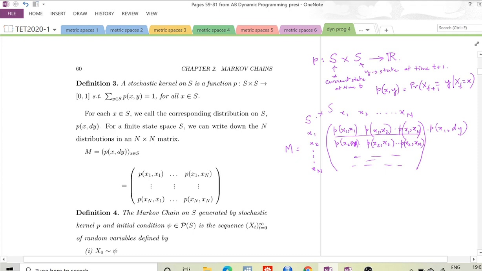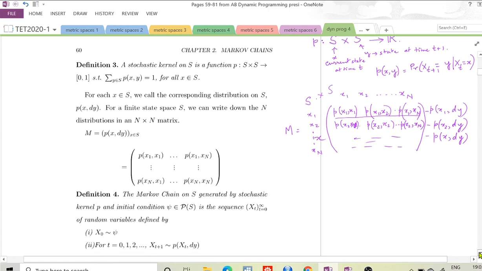This row will be called p(x2, dy). A typical row, the xth row, will have probabilities p(x, dy). That's a probability distribution. It's the distribution tomorrow conditional on the state today. And then we have everything to define what a Markov chain is.